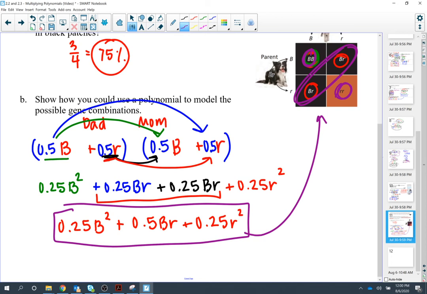And if you wanted to know how many are going to give you black patches, you would add these first two, because the big B is dominant, which is going to override that little r and show you black.